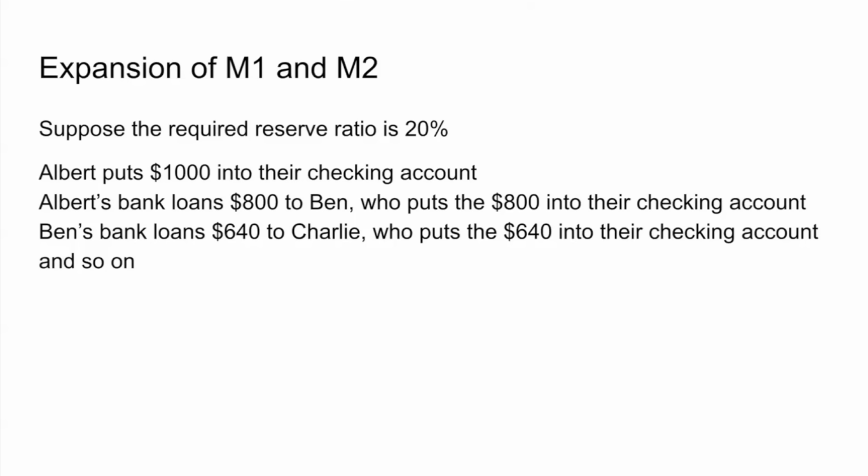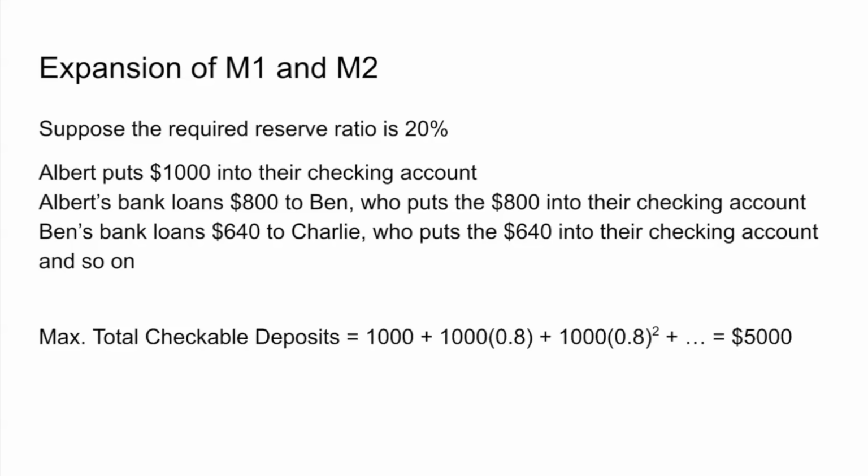Banks can cause M1 and M2 to expand. So let's suppose the required reserve ratio is 20%, and Albert puts $1,000 into their checking account, and then their bank would loan 80% of that, or $800 to Ben, and Ben puts the $800 into their checking account, and then their bank loans out $640 to the next person who puts the $640 into their checking account, and so on.